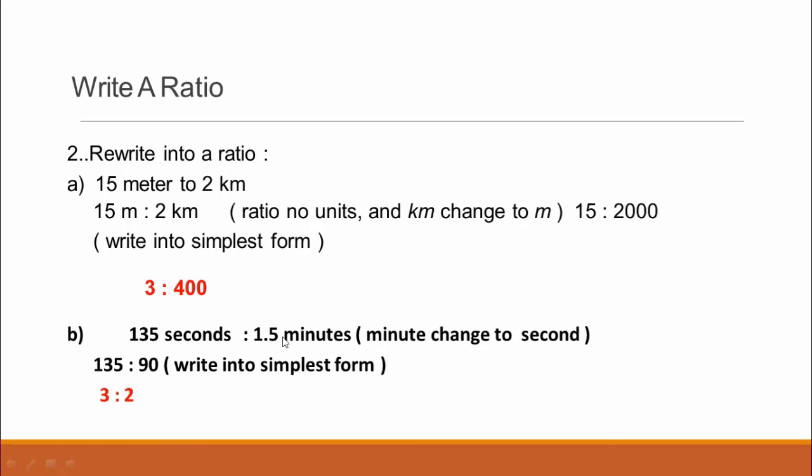Since in these two units, second is the smallest unit for time, convert the minutes to second. We can write 135 second ratio 90 second. So the simplest form of this ratio is 3 ratio 2.